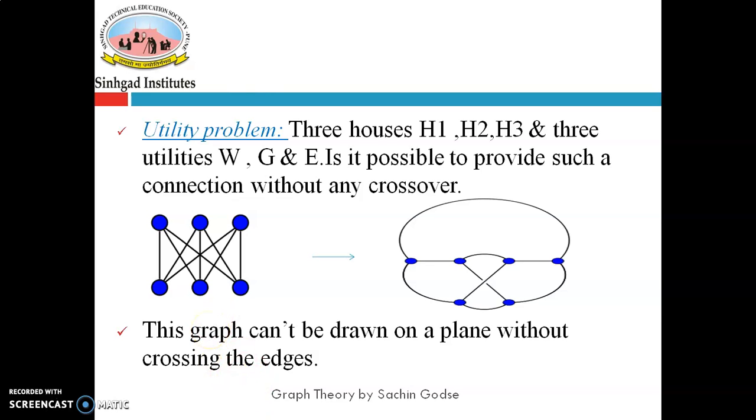We know a planar graph is a graph drawn on the plane without any intersection of edges, but it is not possible to draw this on the plane without intersection because these two surfaces cross each other. So providing this connection without any crossover is not possible. One crossover is there.